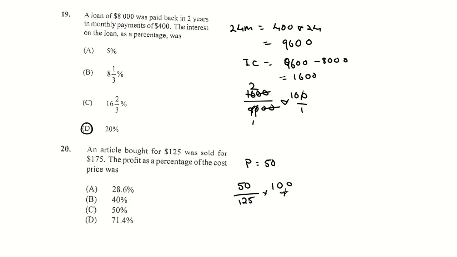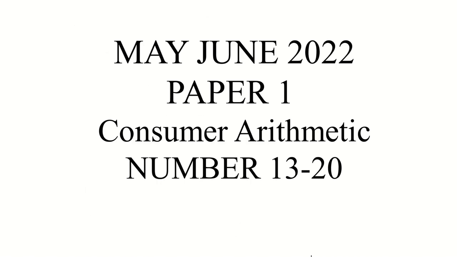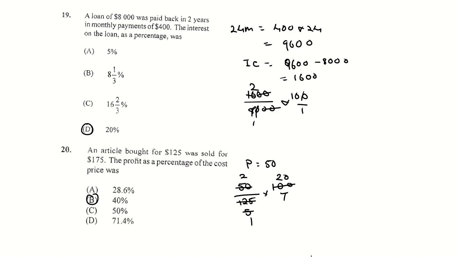Multiply by 100 over 1. You could say 25 into 50 is 2, 25 into 125 is 5, 5 into 5, 1, 5 into 100 is 20, 2 by 20 is 40, so the answer is B for this question here. Alright, and that would be the end of January 2023.